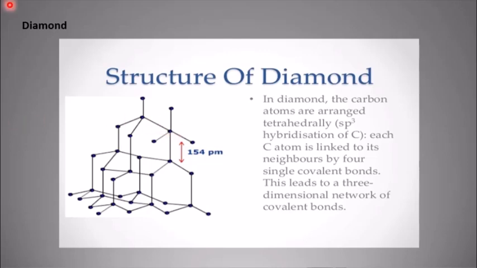So that means every carbon atom is bonded to four carbon atoms, and these bonds are covalent bonds. And as they are bonded to four carbon atoms, the structure which is formed is a tetrahedral three-dimensional structure. And as it makes this structure, this is the reason it is very hard, and it is the hardest natural substance which is present.